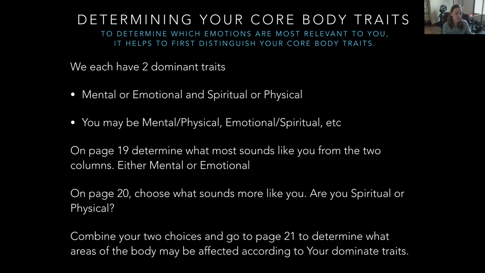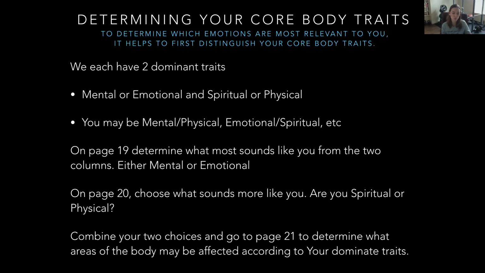Now for dominant traits, if you are physical mental, then your emotions may manifest in one of these areas or multiple areas: the adrenals, the lymph system, the medulla, the nervous system, the spleen, the stomach, or the thymus.